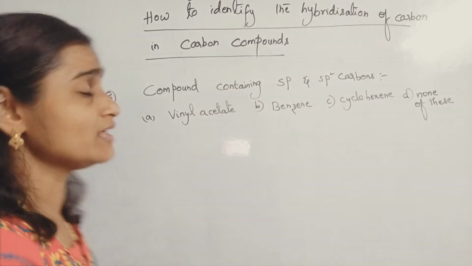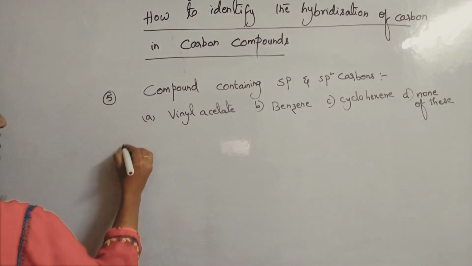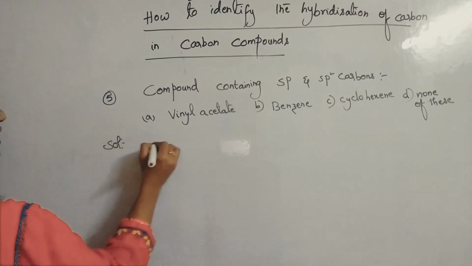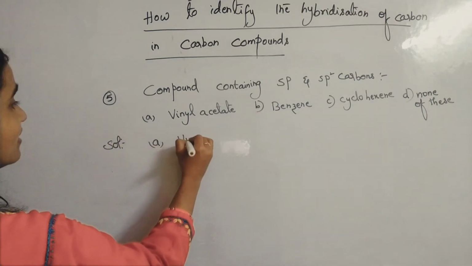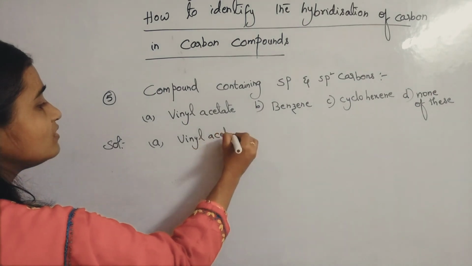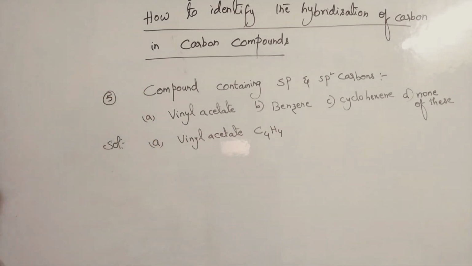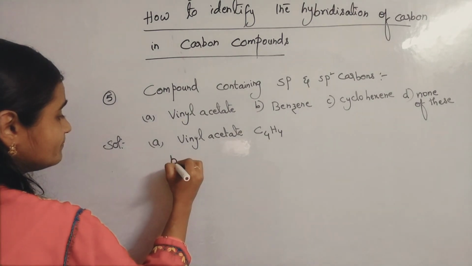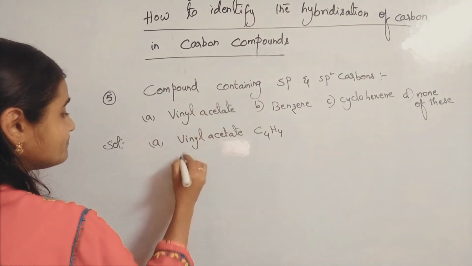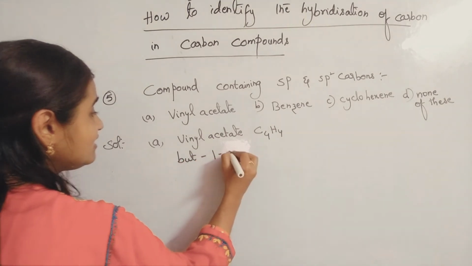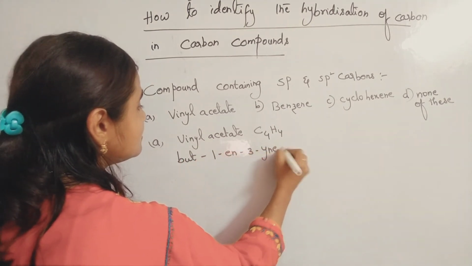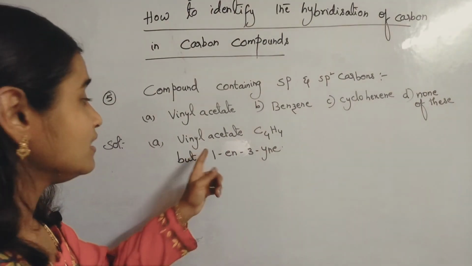That is the problem. So vinyl acetylene, what is meant by this? We have to check the structures. Vinyl acetylene is the compound with molecular formula C4H4. Please remember, dear children, but-1-ene-3-yne is the IUPAC name for the compound vinyl acetylene.